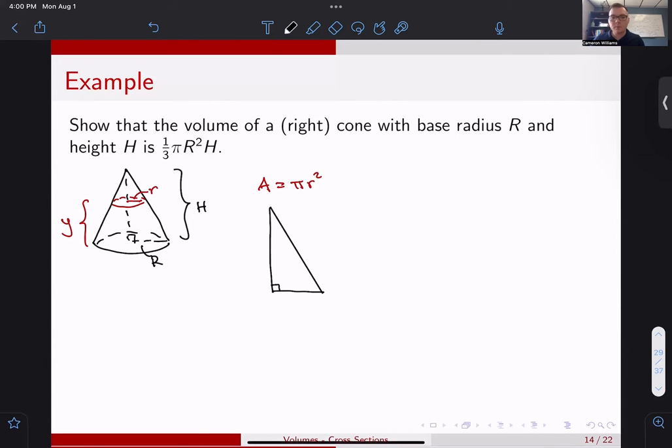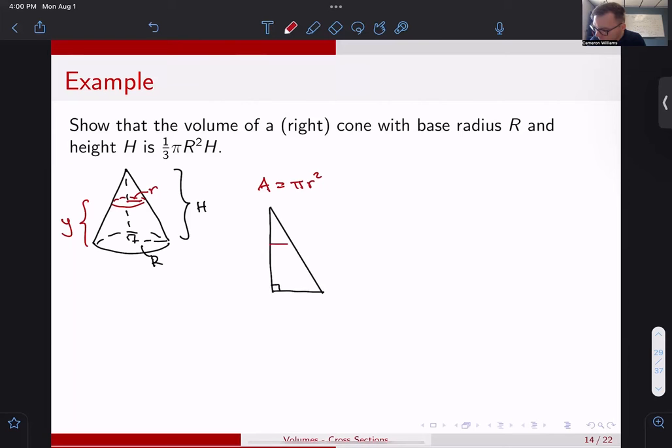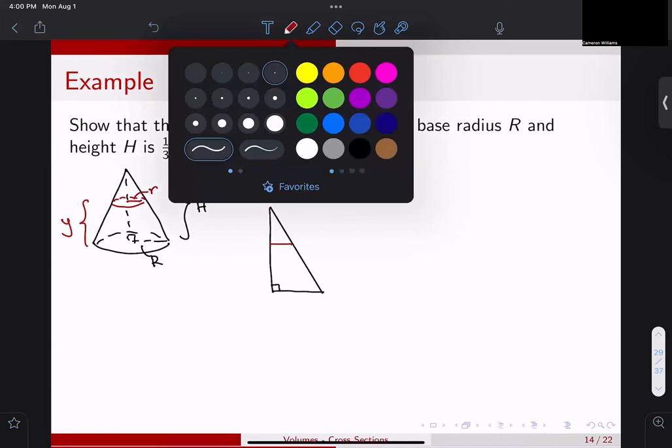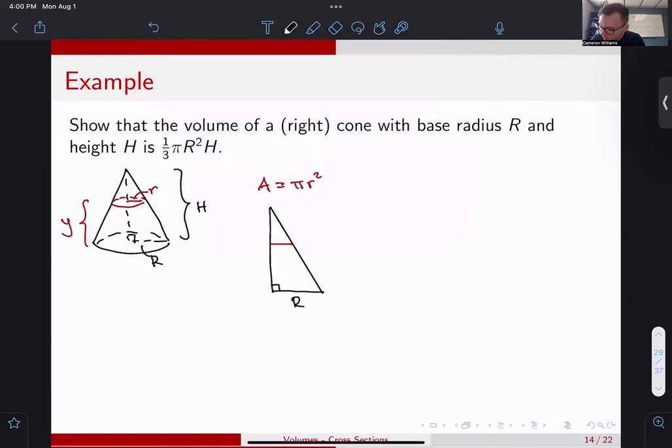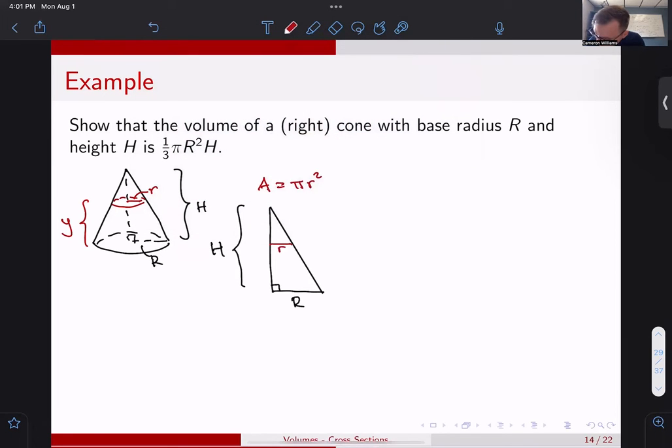So that's a right angle. Let me draw my cross section. Here we had the big radius, big R, and all of this was big H. This was little r, and this was the height of our cross section.